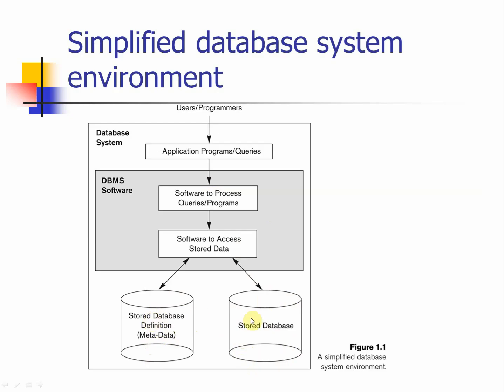You need to combine the definition of the database with the data stored inside the database to let the DBMS retrieve information out of it. An important idea, what we call metadata here, is the definition: data about data.